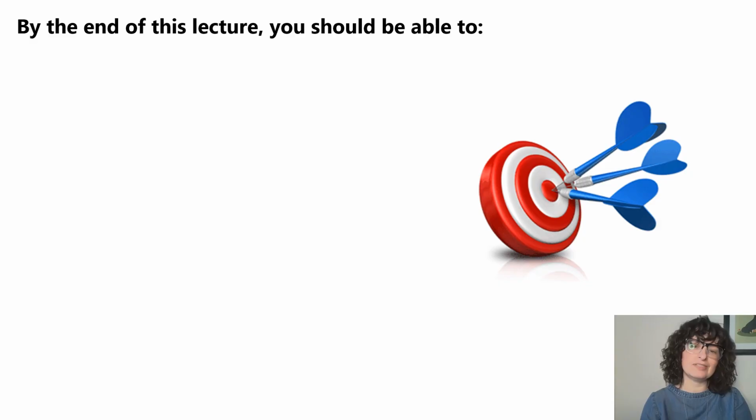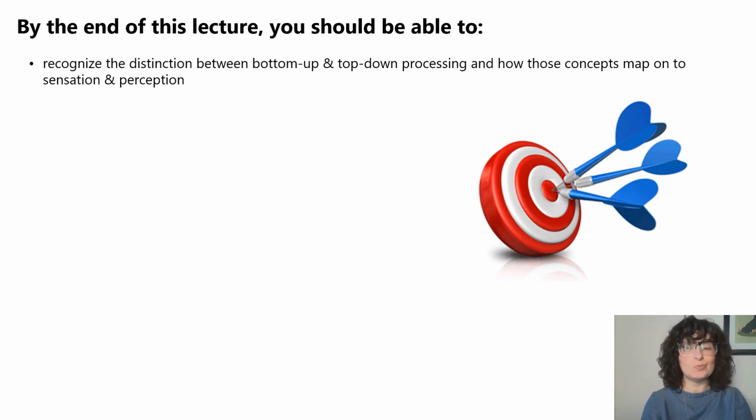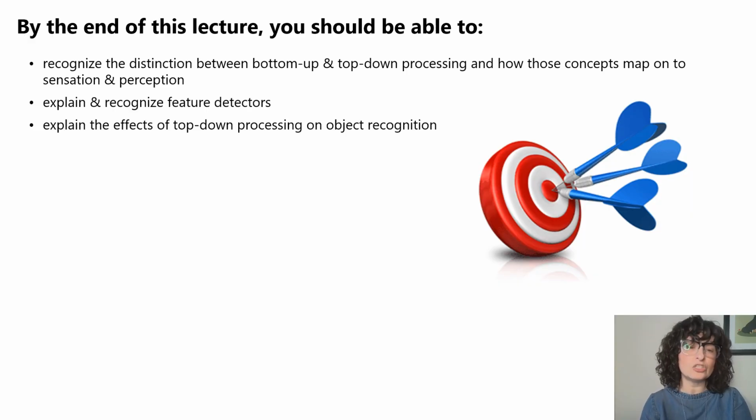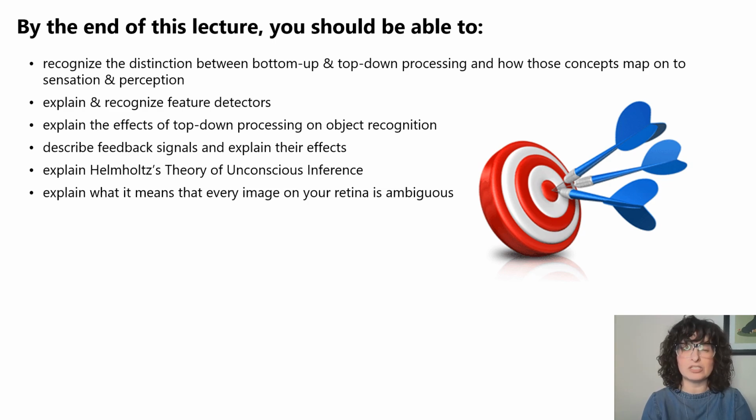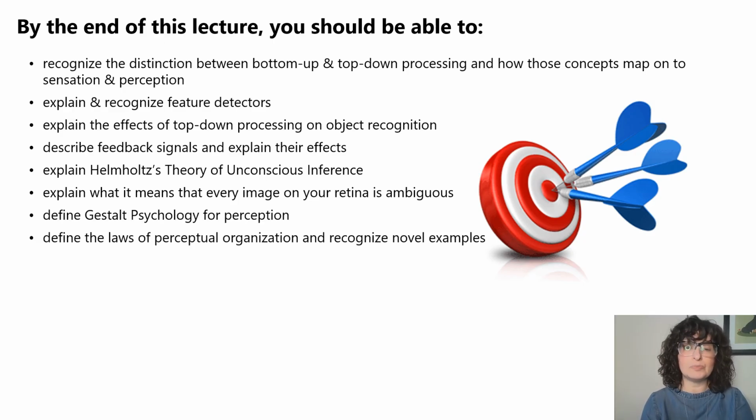All right, so at the end of this lecture, you should be able to recognize the distinction between bottom-up and top-down processing and how those concepts map onto sensation and perception, explain and recognize feature detectors, explain the effects of top-down processing on object recognition, describe feedback signals and explain their effects, explain Helmholtz's theory of unconscious inference, explain what it means that every image on your retina is ambiguous. Define Gestalt psychology for perception, define the laws of perceptual organization, and recognize novel examples.